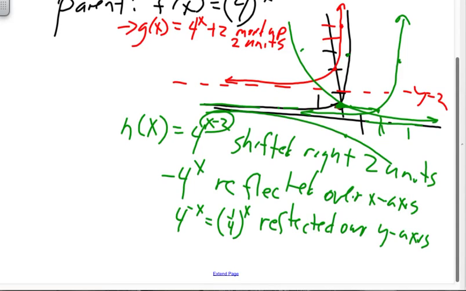Okay, let's take a look at a couple more examples here. My parent is going to be 3 to the x. And this is part of what they're going to ask you to do, is to do these based on graphs of the parent function. So let's take a look at 3 to the x.